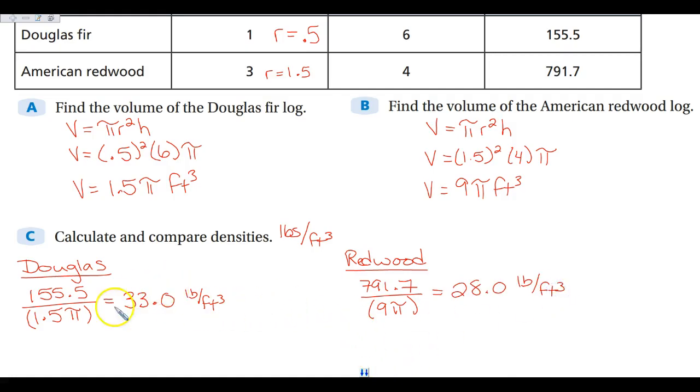So now we can see that this is 33 pounds per cubic foot, and this is 28 pounds per cubic foot. So the Douglas fir is more dense than the American redwood.